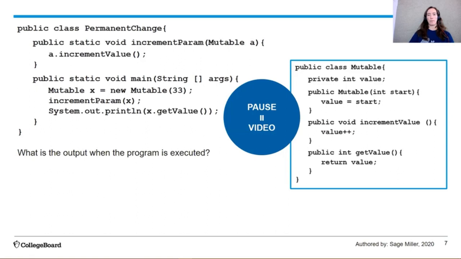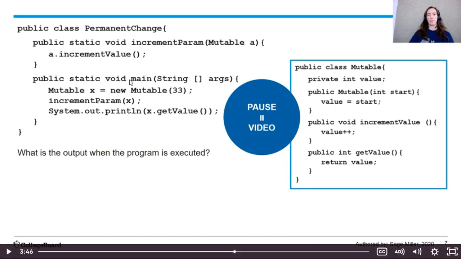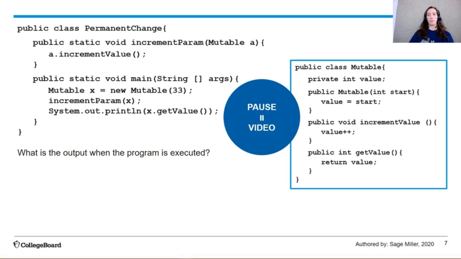So when this code runs, just to get you going in the right place, it finds the main method and starts there. So the first thing is it runs this line. Anybody? What happens?